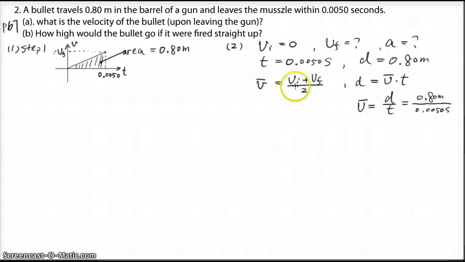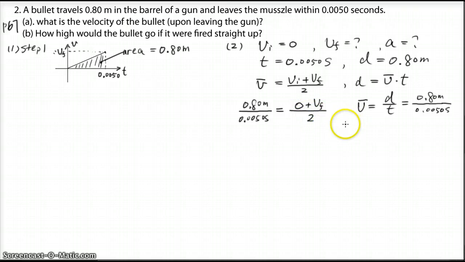Because average velocity equals V initial plus V final over 2, we can plug in here. 0.80 meter over 0.0050 second, that's the average velocity we just got, equals V initial, which is 0, plus V final divided by 2.